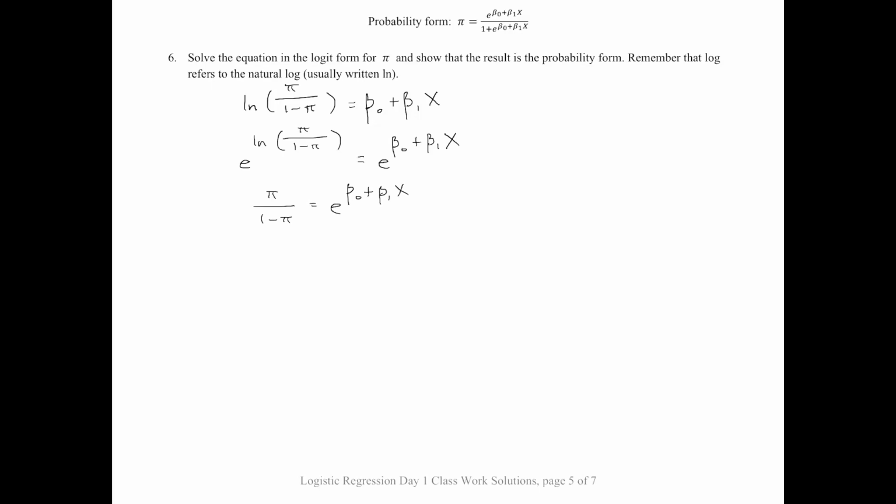Okay, so now we want to solve this for pi. I would probably cross multiply, and then distribute the e to the beta naught plus beta 1x through the 1 minus pi parentheses. Oops, that's going to be a minus.